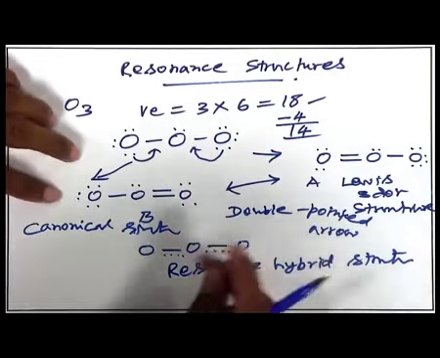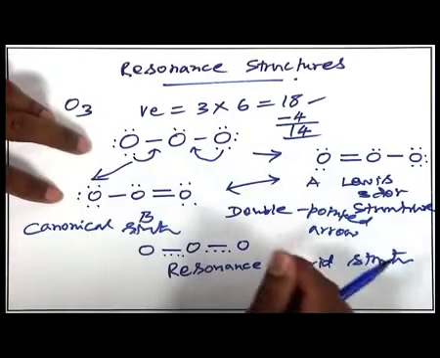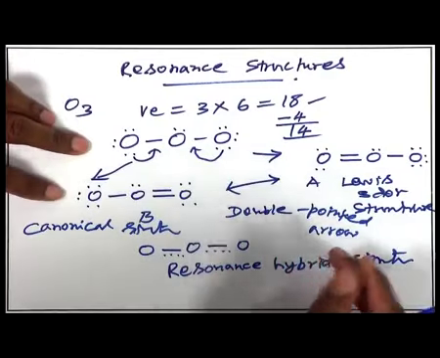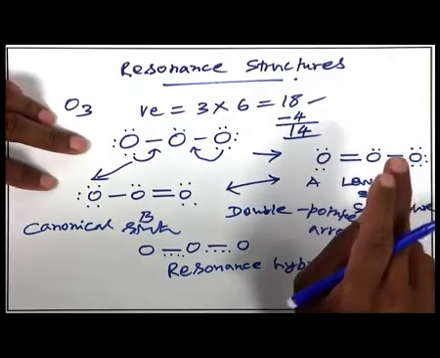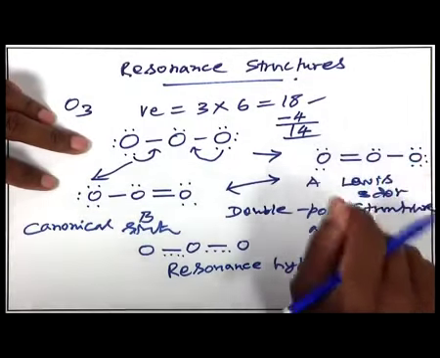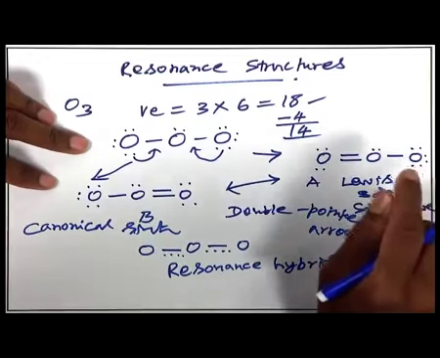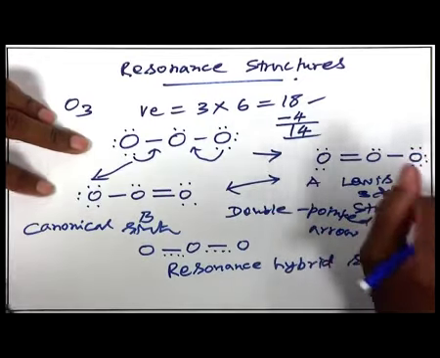The concept here is resonance or canonical structures, because if you draw one Lewis structure, it does not correctly tell the actual electronic state, the ground state electronic state, of O3.